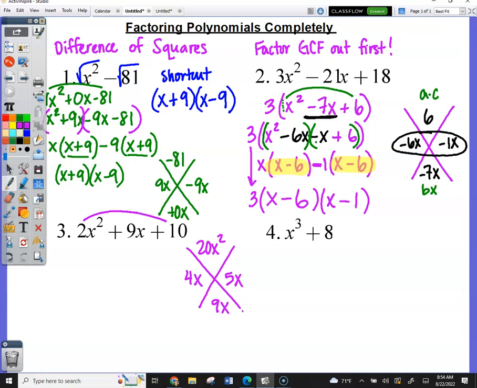Check it before you wreck it. So we're going to rewrite this middle term here as 4x and 5x. And I'm going to bring the front down and the back down. And now I'm ready to group.